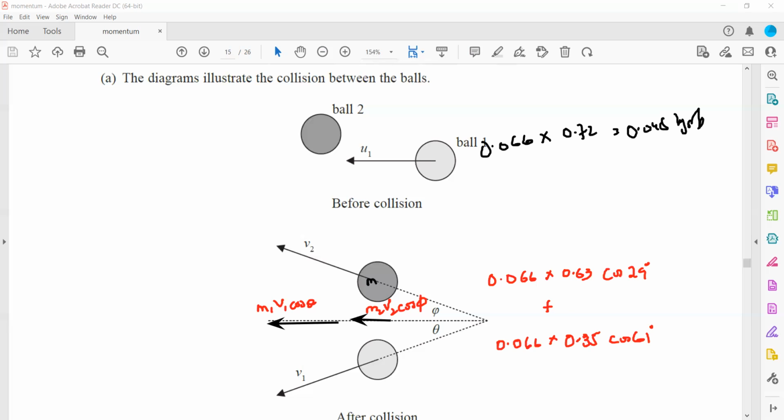When we sum them, this will give us about 0.048 kilogram meter per second. It means the momentum is conserved in the x direction.